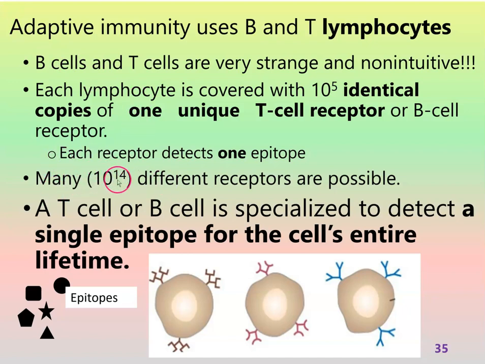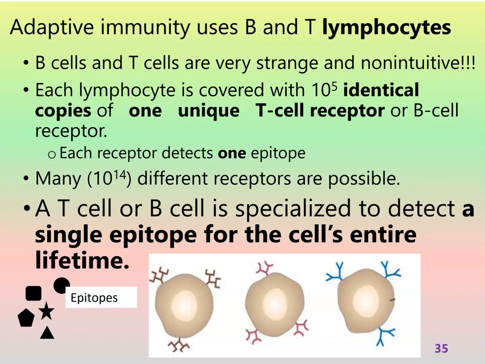They're able to make, through shuffling the DNA, an astronomically huge number of different possible receptors. Now, we don't have this many lymphocytes, so we don't have all of these. But when they are randomly generating the receptor, they get one out of the 10 trillion possible receptors.